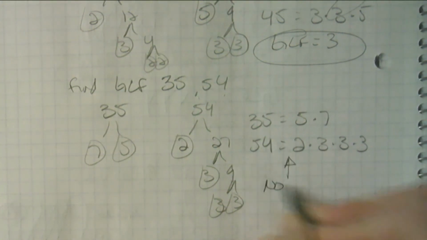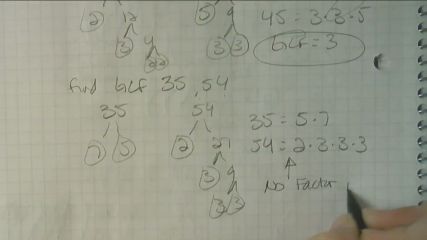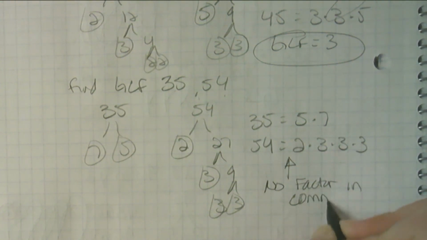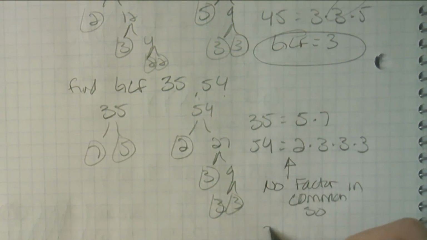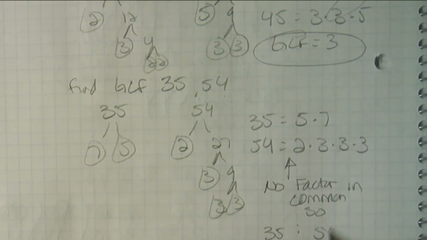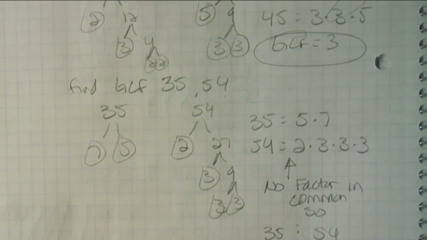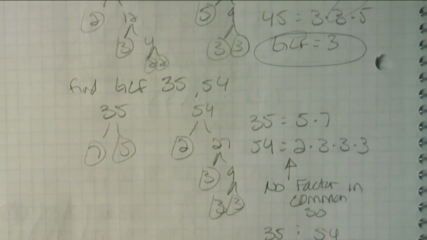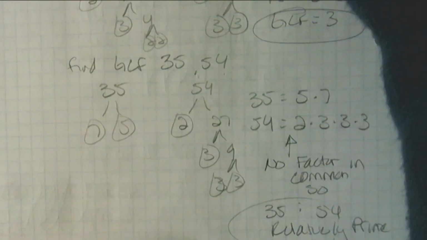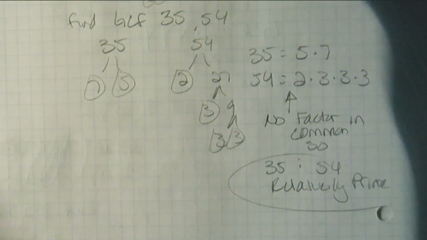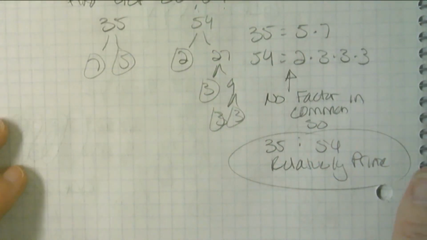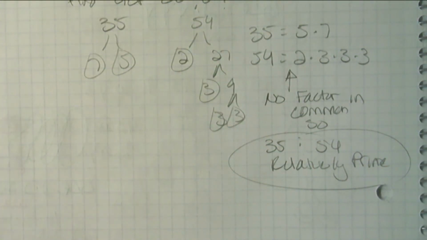Yeah, we have no factors in common. So 35 and 54 are relatively prime. That does not mean that they are prime numbers. It means when you are comparing them together to figure out a GCF, they are considered relatively prime. Their GCF is a 1.